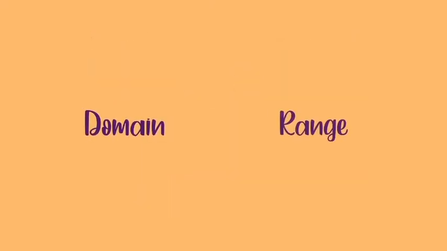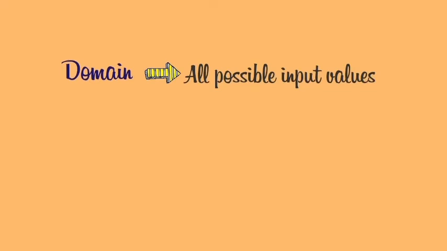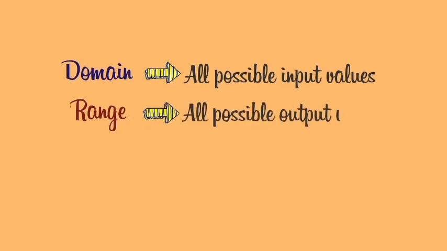Okay, domain and range are by far the most important concepts of functions, and there is a very high likelihood that you will see a question based on them. What is a domain? In simple words, the domain of a function is the set of all possible input values. And what is the range? The range is the set of all possible output values.